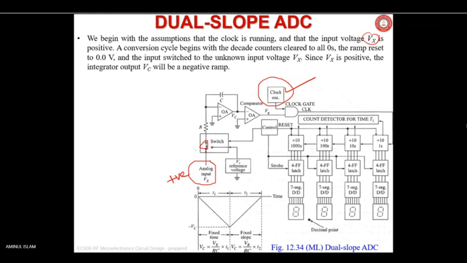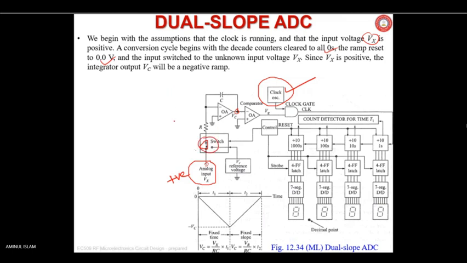A conversion cycle begins with the decade counters cleared to all zeros. The ramp is reset, and hence you get 0 volt here also, at the ramp generator output. And the input switch is set to the unknown voltage Vx. It is connected here at this point to this switch.